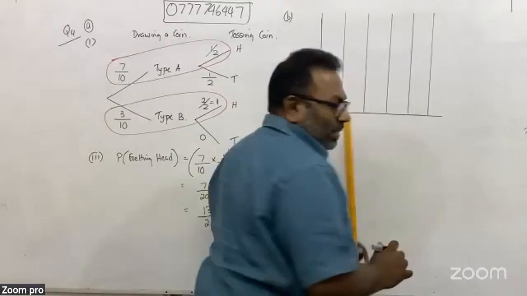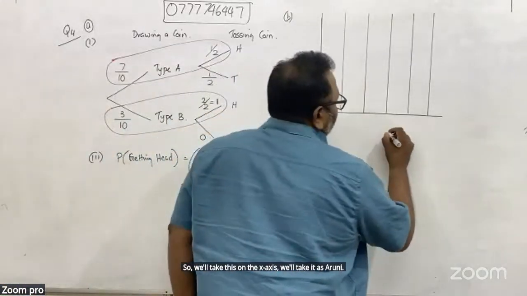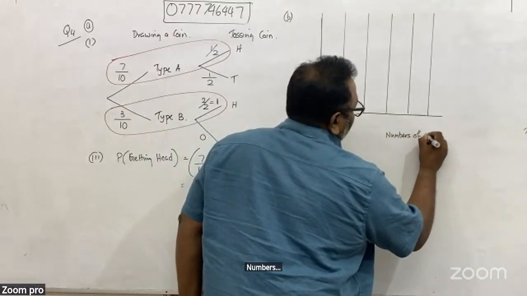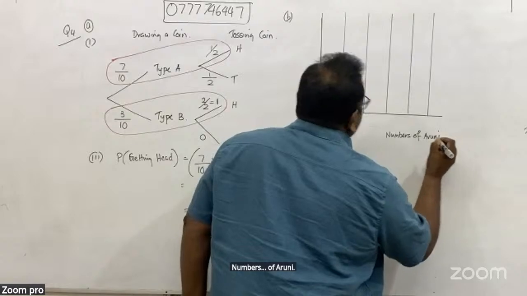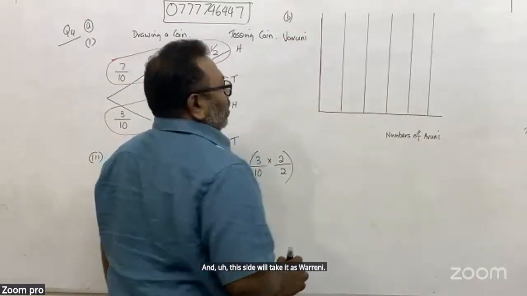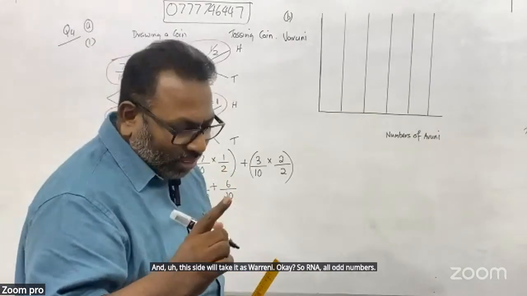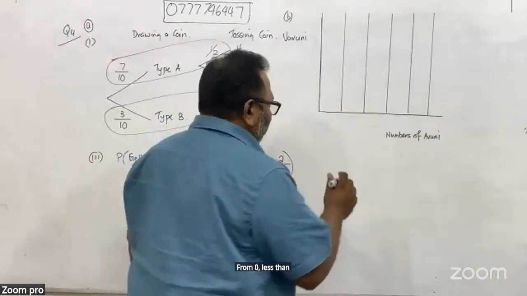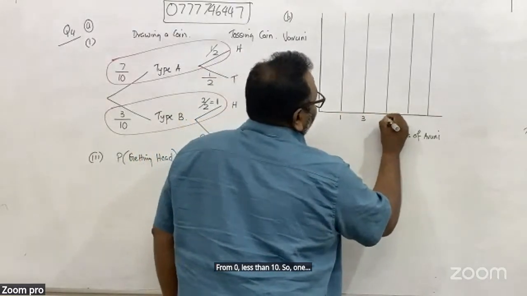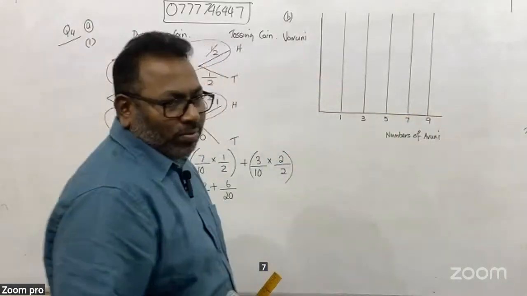So we'll take this on the x-axis, we'll take it as Aruni, numbers of Aruni, and this side we'll take it as Varuni. Okay. So Aruni, all odd numbers from 0 less than 10. So 1, 3, 5, 7, and 9.